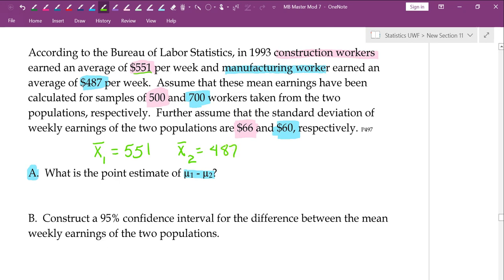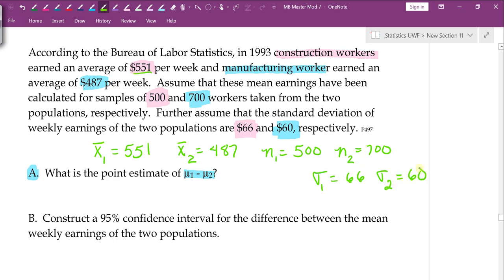We know that our sample size for population 1 is 500, sample size for population 2 is 700 workers. We also know that we have population standard deviations for the two populations, so this is sigma. We know that sigma sub 1 is equal to 66, and sigma sub 2 is equal to $60.